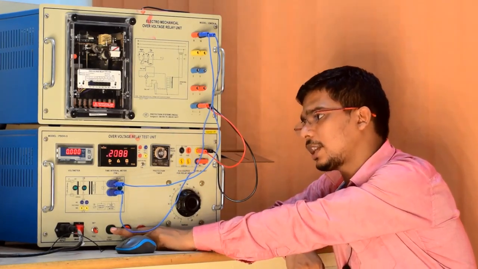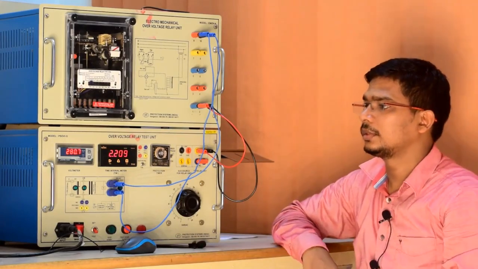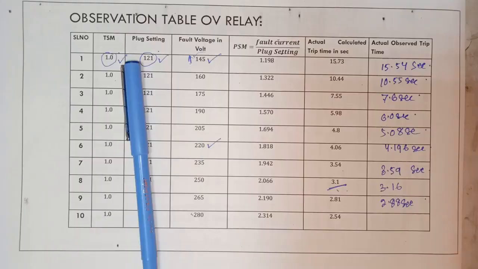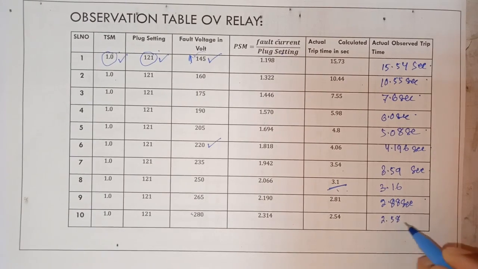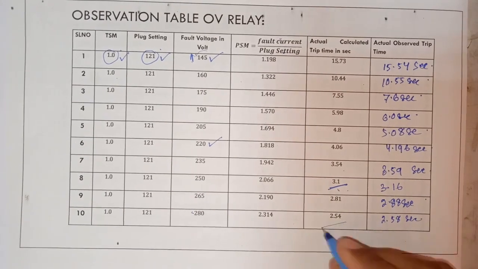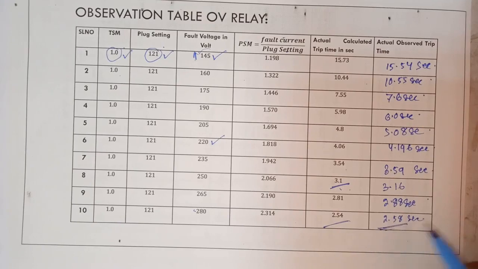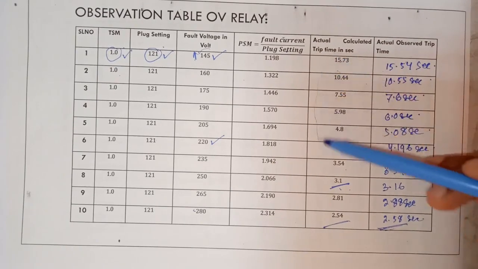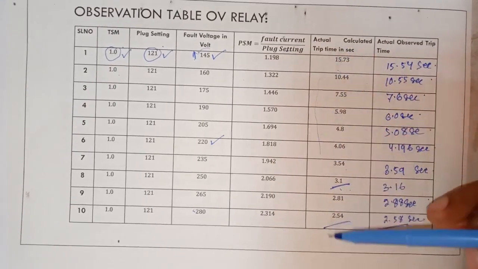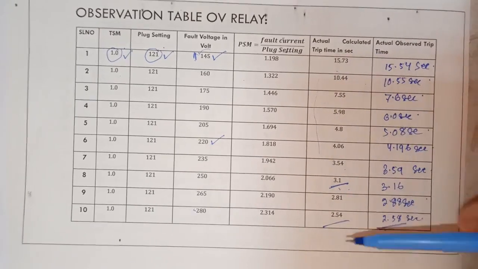So start. 280. So 2.58 seconds. We expected 2.54 seconds and we got 2.58 seconds. So this is matching. That means whatever we are taking is correct, because we calculated this from the relay table.